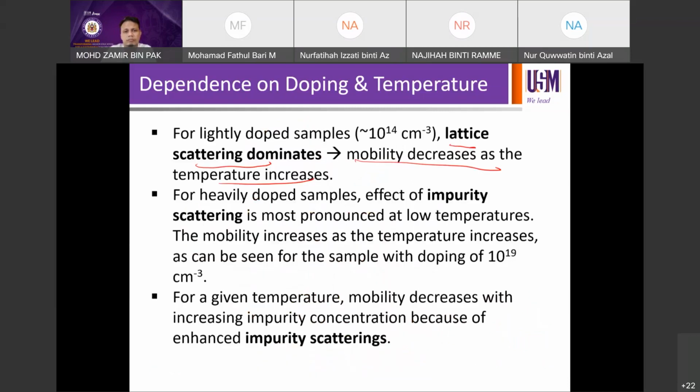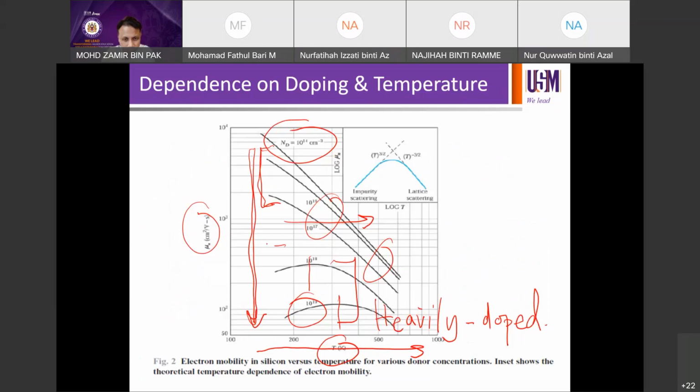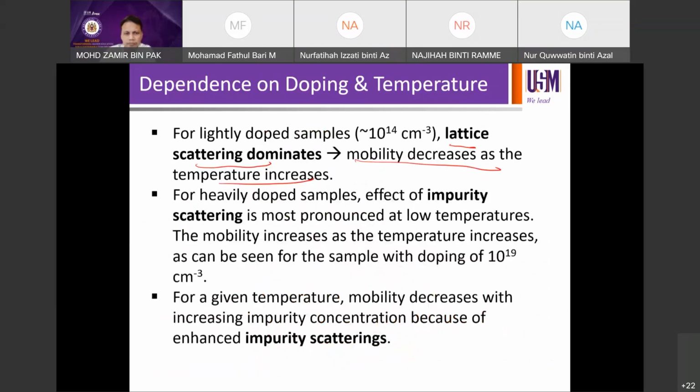Okay. On the other hand, for the heavily doped sample, for those which are below here, the effect of impurity scattering is most pronounced at low temperatures.